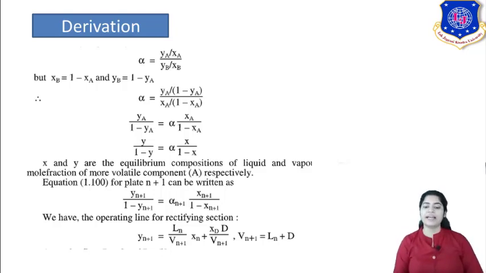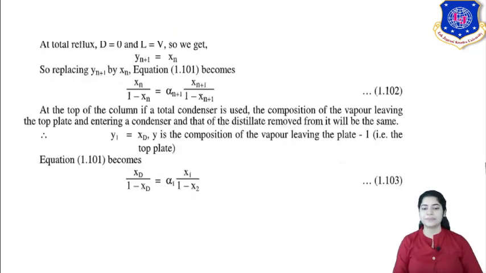Now the operating line of the rectifying section is given here. Again, the total material balance is Vn plus 1 is equal to Ln plus D. You must remember that for the top part, this is your overall material balance, and the above equation is the operating line equation of the enriching or rectifying section. Clear?